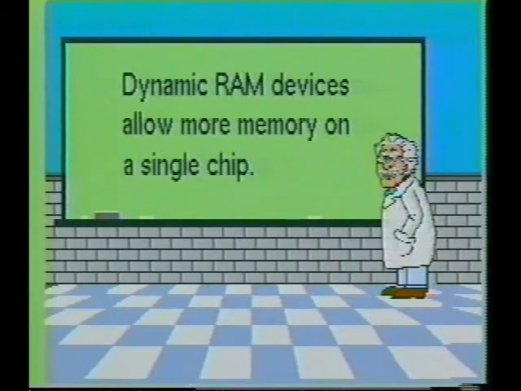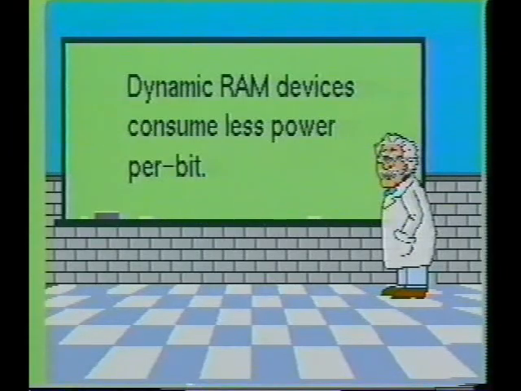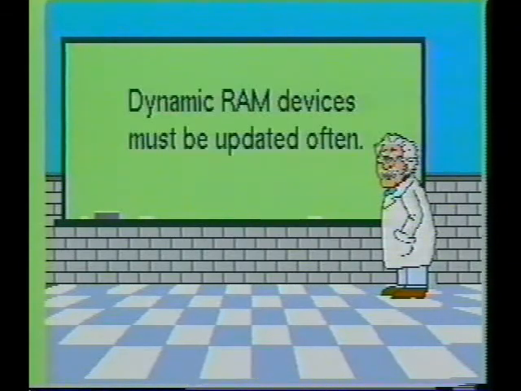Single transistor memory cells allow more memory to be placed on one chip. Single transistor memory cells also require less power per bit. Due to the small size of the capacitor used to store the single bit of data, the dynamic RAM device must be updated frequently. This updating sequence is called the refresh cycle.